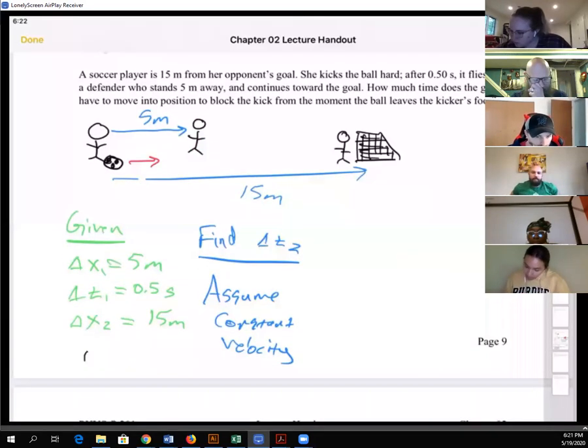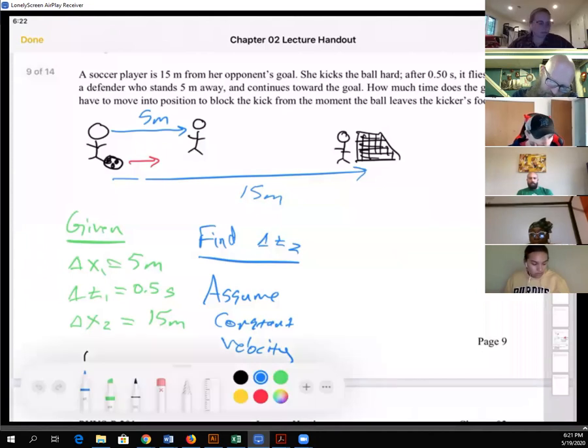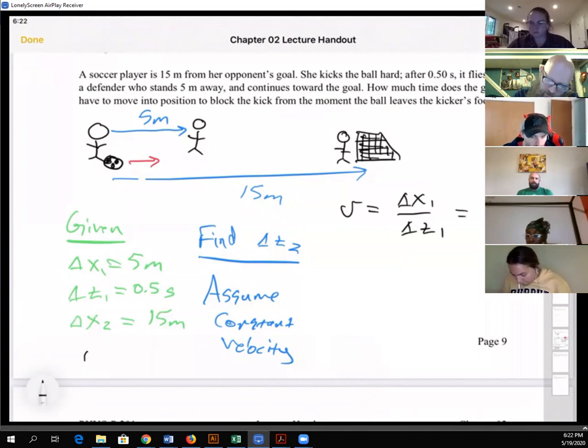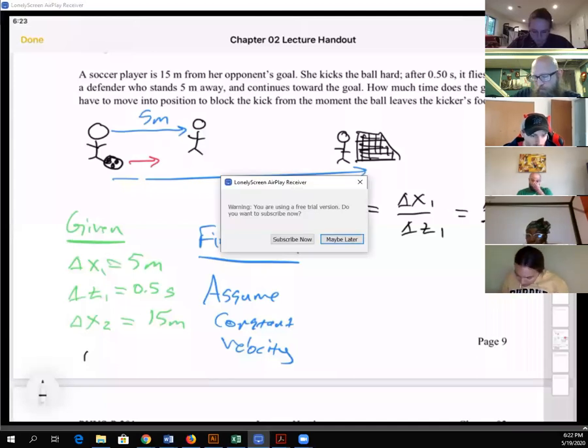So the equation that we have is V equals delta x over delta t. And if we're assuming constant velocity, that's the same whether we do x1 and t1 or x2 and t2. So now you can kind of see, oh, you could do a proportion for this.